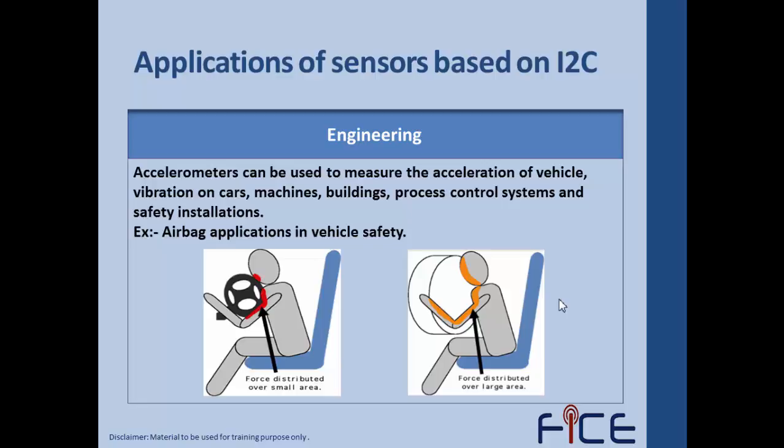For example, we can take airbag applications in vehicle safety. The main purpose of the airbag is to provide the occupants a soft cushioning and restraint during a crash event to prevent large forces between the falling occupant and the interior of the vehicle.